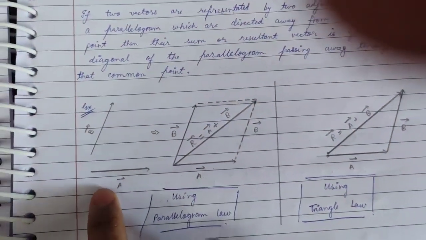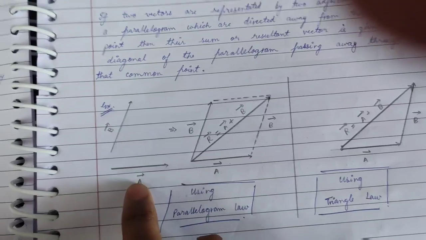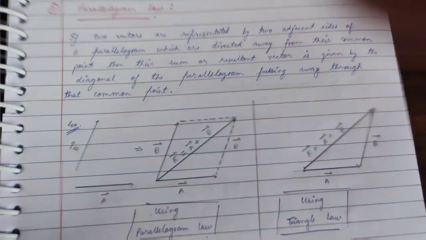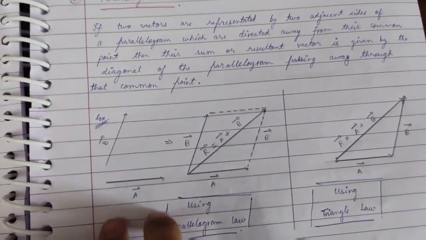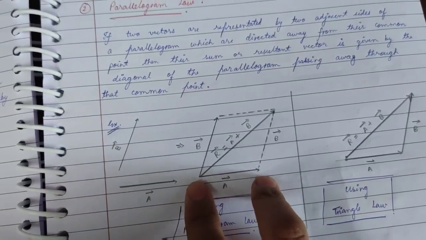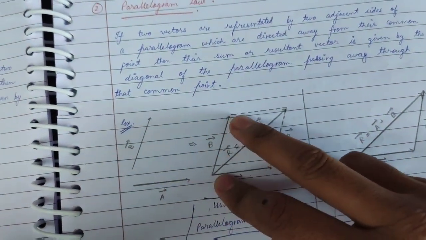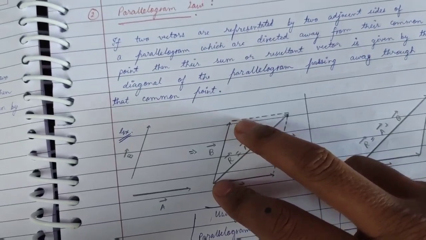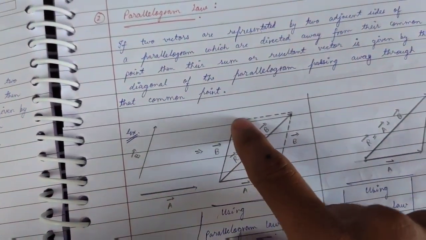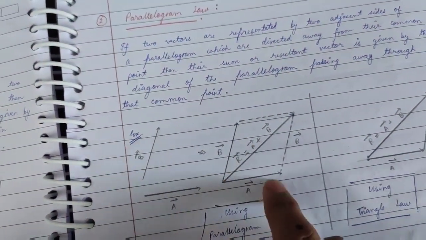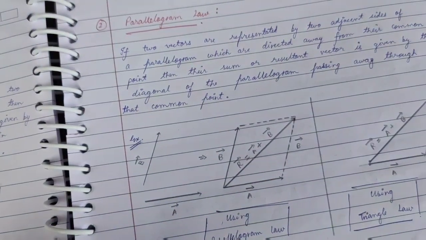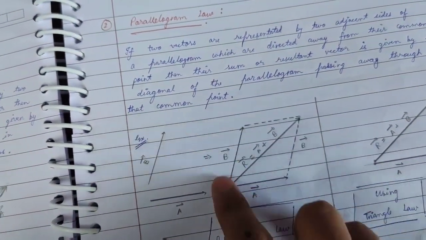So here let us look at an example to understand this statement. Let us take this vector A and vector B. See, now we have to take them in the same order only. We have kept vector A like this and taken vector B and shifted it parallelly to here. Now we will form a parallelogram here.